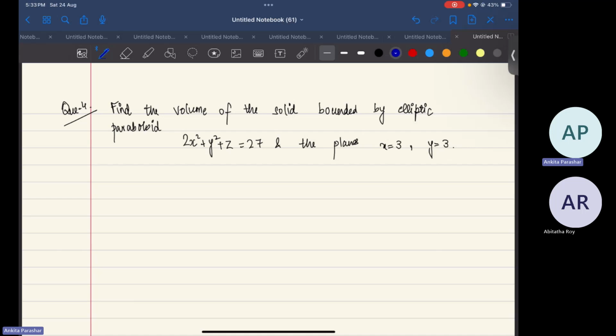It's very hard to draw this elliptic paraboloid, but we can draw it in the other planes. Let's say if I put y equal to 0, can you tell me the graph? Or if I put x equal to 0, can you tell me the graph?